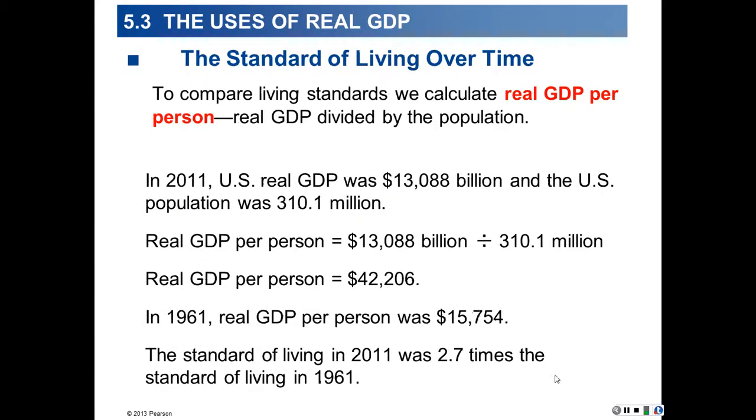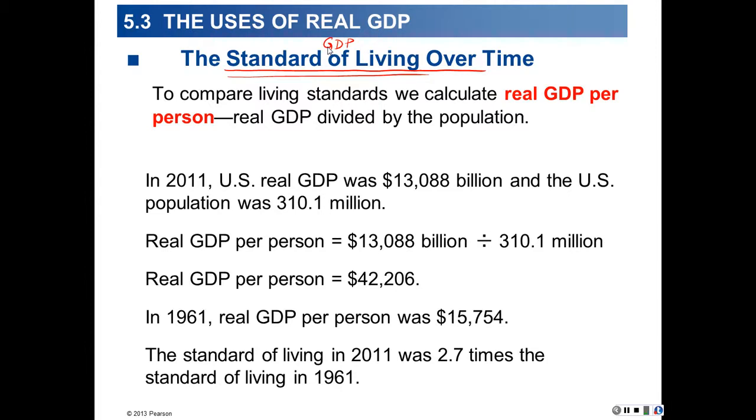Now, how do we actually get a handle on the standard of living? I've said that the standard of living may be measured by GDP, is what I've been saying so far, correct? But now we're going to get a little more accurate about this. When we speak of the standard of living in the US, what are we talking about? We are talking about the standard of living of the average American.